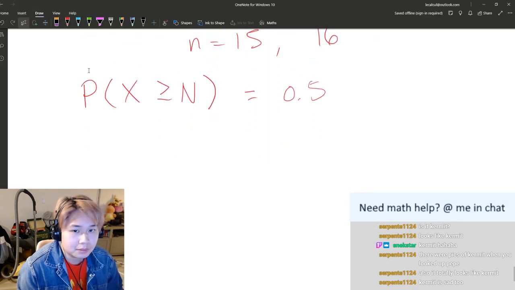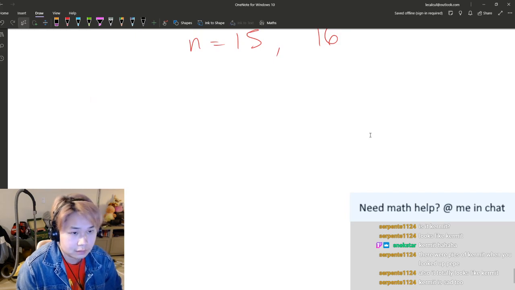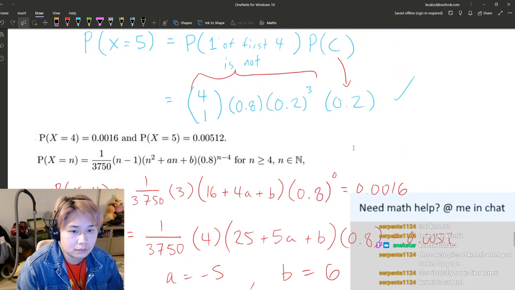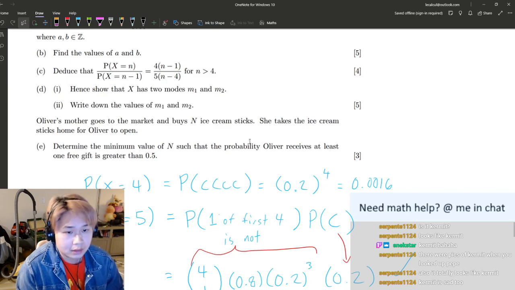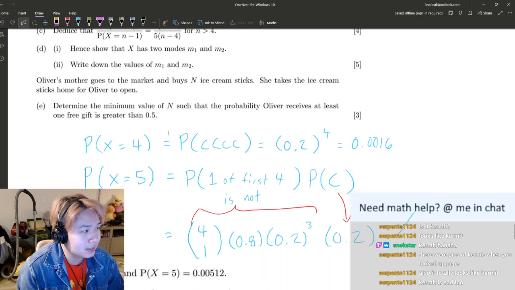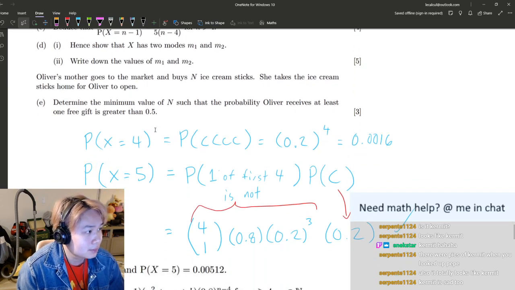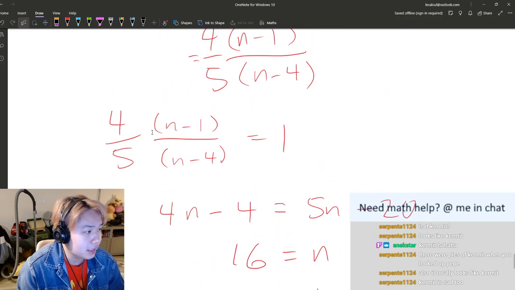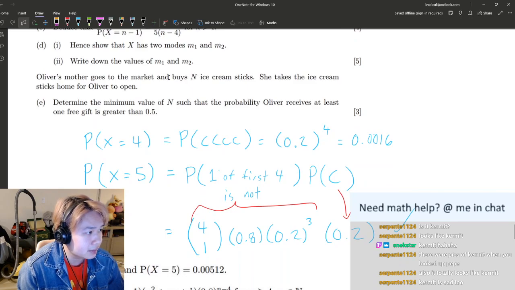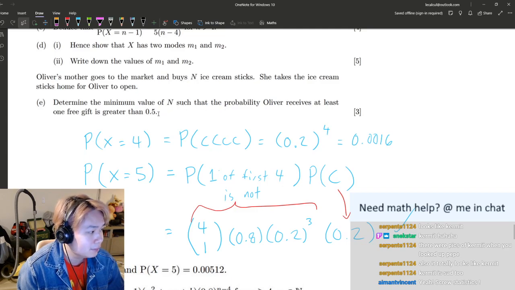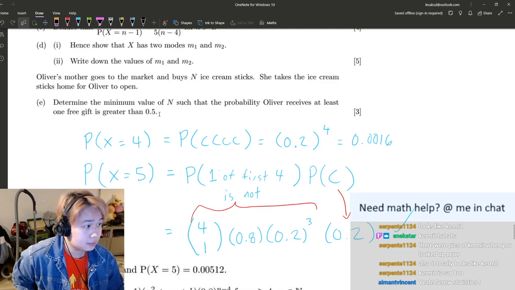Man. Okay, so from what I gathered from the answer key, because I am not in the state of mind to do statistics. Okay, mom buys n ice cream sticks. Determine the minimum value of n such that the probability Oliver receives at least one free gift is greater than 0.5. I hate statistics.